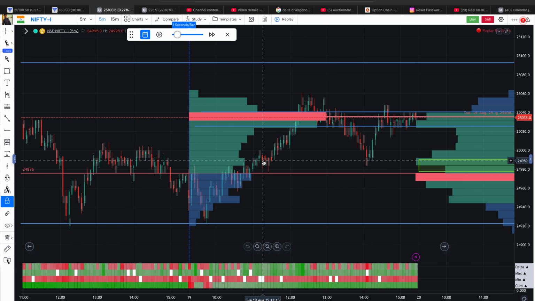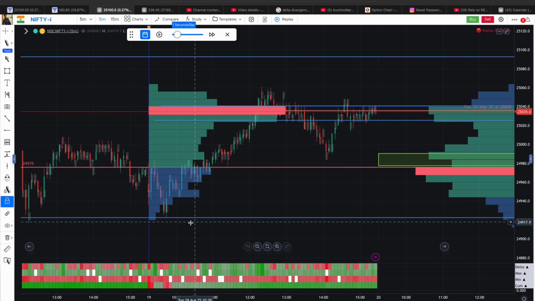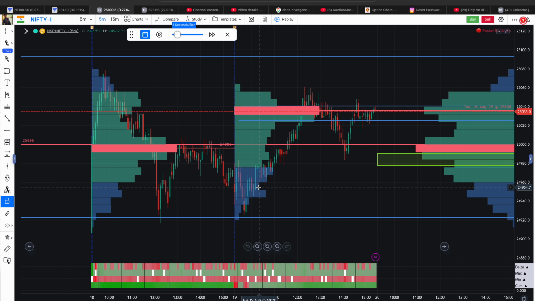Okay, so we'll move ahead to the next one. This was the previous day high. That also we marked, or we also call it volume area high and volume area node. This is volume area low and this is volume area high.